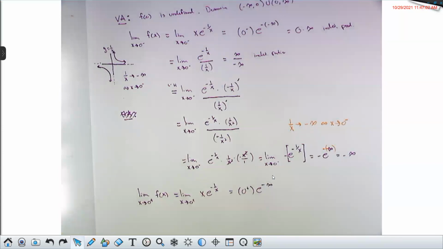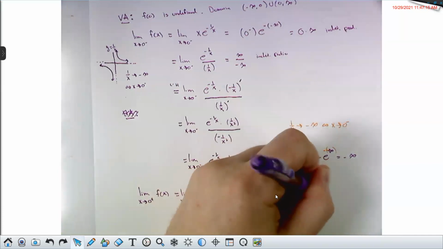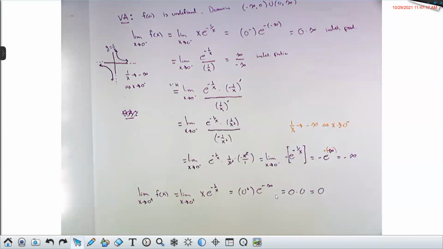So I have 0 plus times e to the negative infinity. What is e to the negative infinity? 0. So there's no need for any L'Hopital's rule here. This is not an indeterminate form. I get 0 times 0, which is 0.